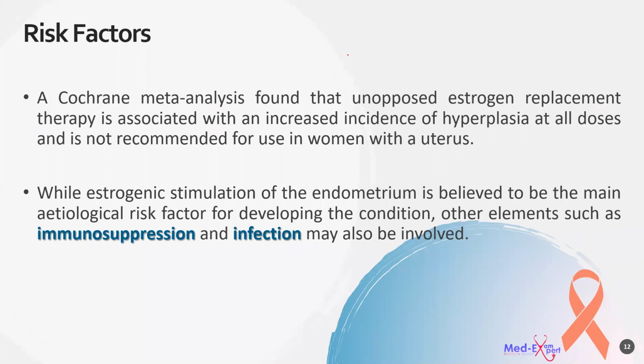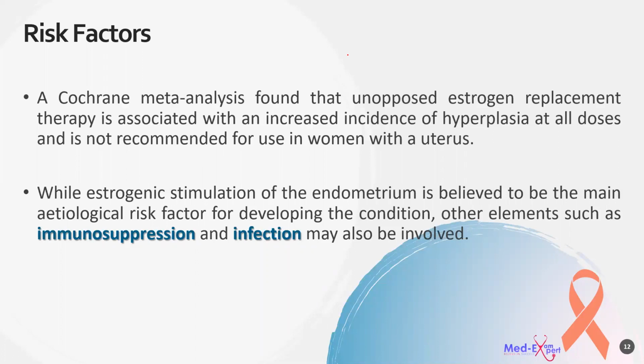So if a woman seeks hormone replacement therapy, for example to treat the symptoms of menopause, and she has her uterus, she is not hysterectomized, you should give combined estrogen and progesterone. Giving estrogen alone, unopposed by progesterone, will increase the risk of developing endometrial hyperplasia.